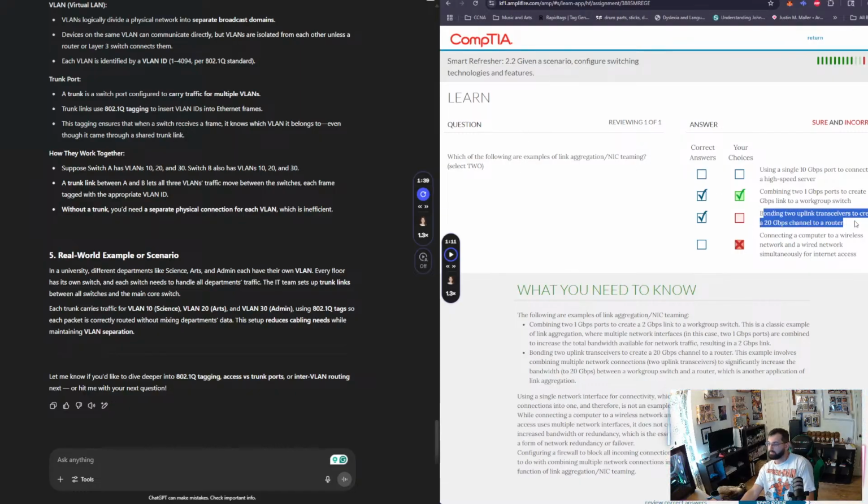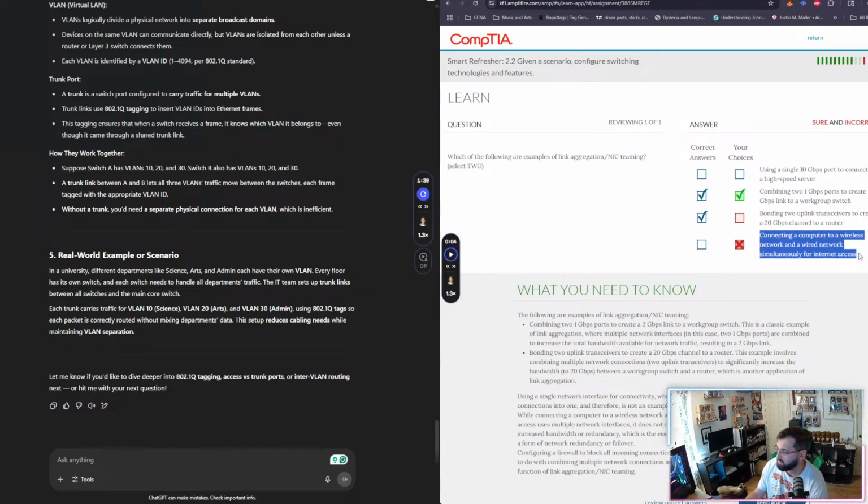It was that. Bonding two uplink transceivers to create a 20 GB channel to a router. I could have sworn it told me that was the answer, because I remember thinking, oh, that makes sense why that's the answer.